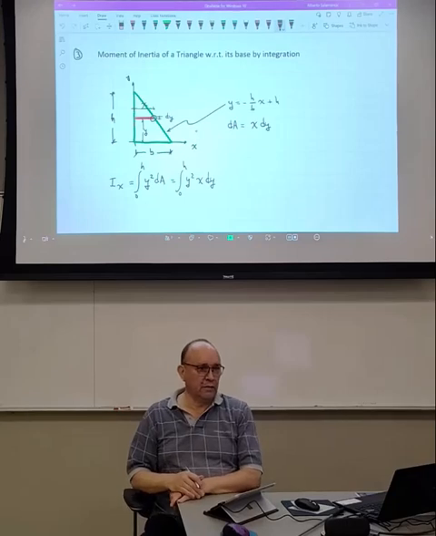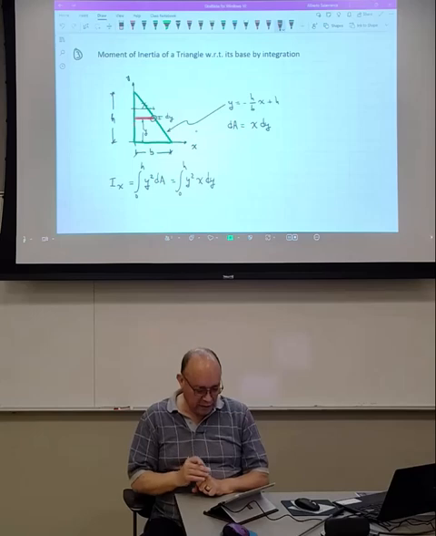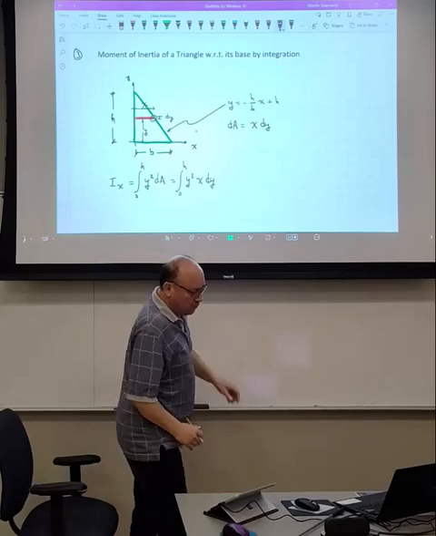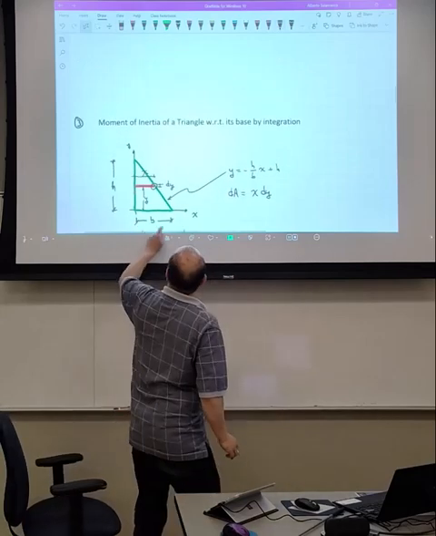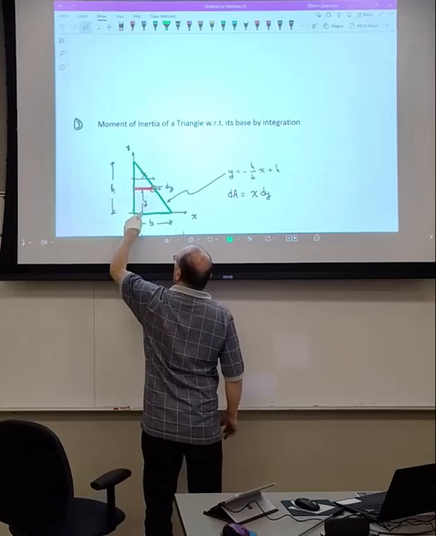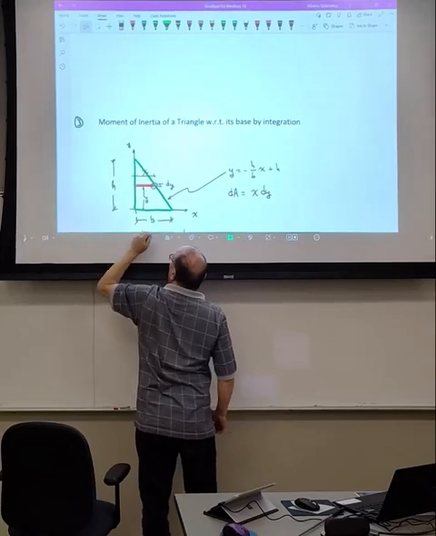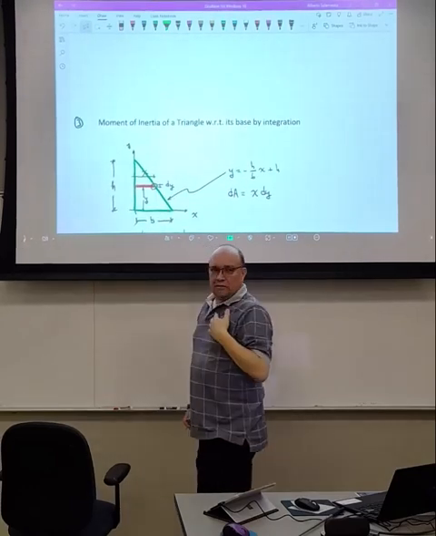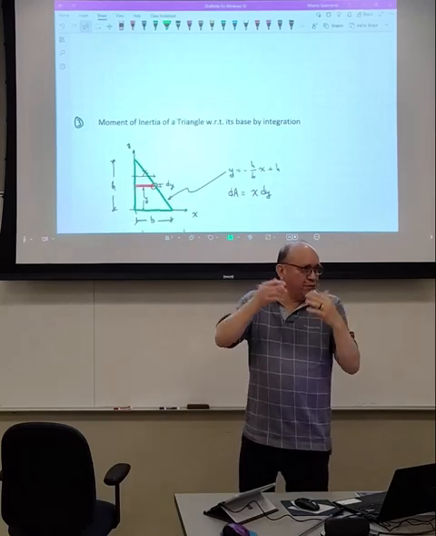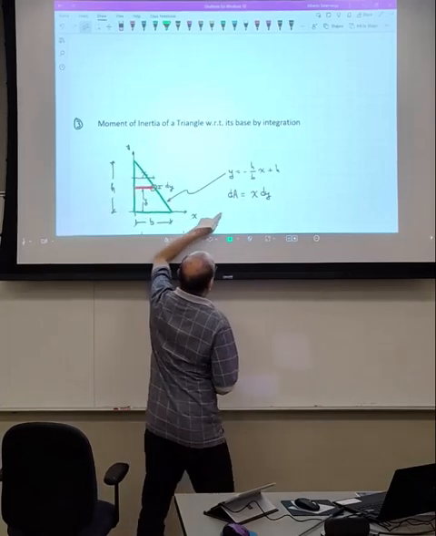If I solve that integral, I can get the moment of inertia with respect to x. Remember, all we are doing is a summation of this area multiplied by this distance squared, for all the areas that I can find along the whole area of the triangle. Nothing mysterious, just a summation. But we make this dy very little, so they are tiny rectangles.